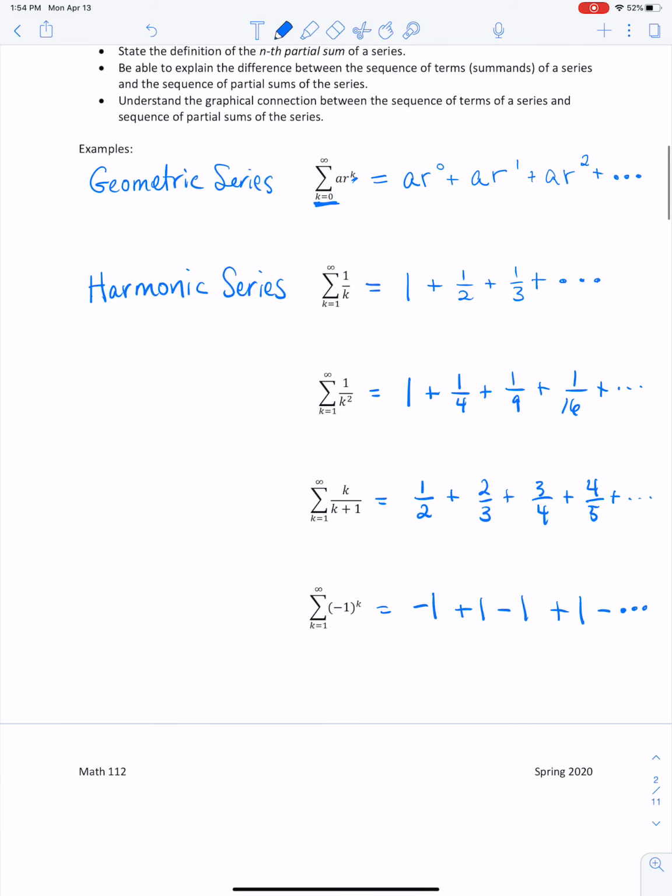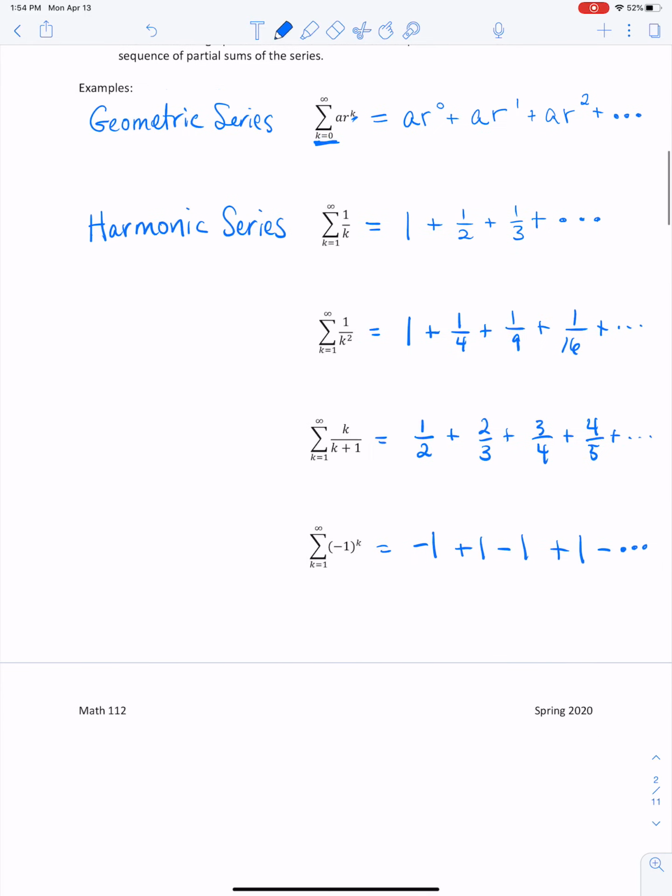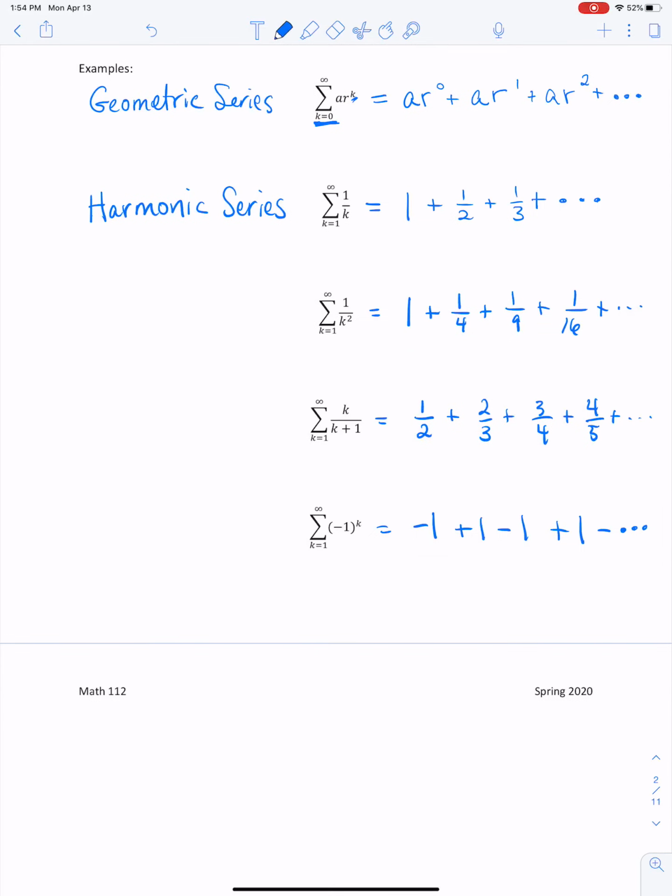I think that at this point now, it's important to ask the question, what do we mean by writing down an infinite sum? How do we think about infinite sums?